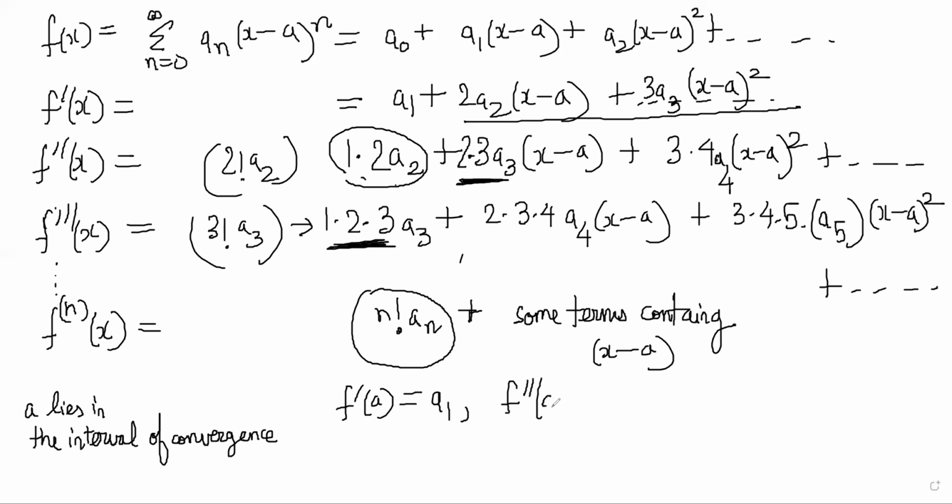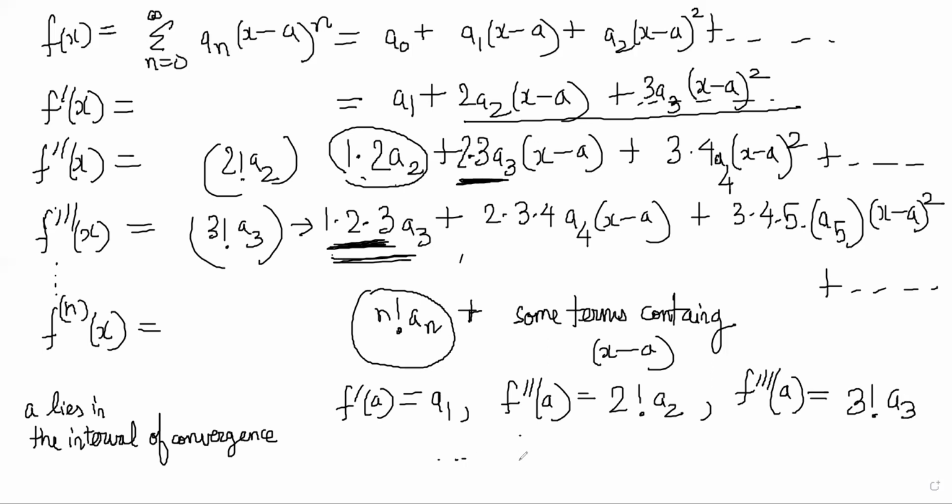F double dash a is what? F double dash is simply 2a2, right? Or basically 2 factorial into a2, right? F triple dash a is what? F triple dash a is 3 factorial into a3. And similarly, f nth derivative at a is going to be equal to n factorial into an, right?